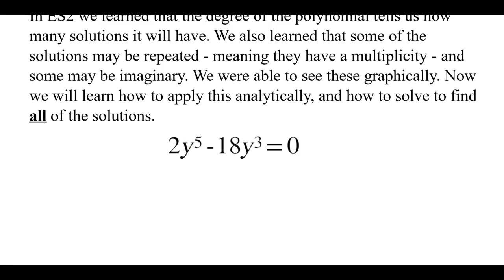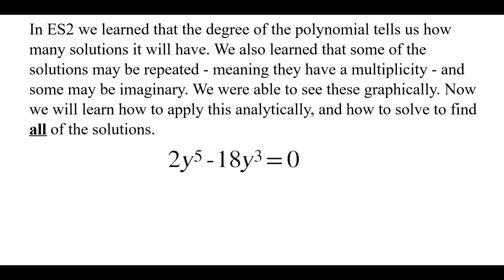So GCF first, what can I factor out? So 2, and they both have at least y cubed, parentheses. So I took the 2 away, I took 3 of the 5 y's away, so how many y's are left? y squared minus 18 divided by the 2 I took out, 9, no more y's, equals 0.